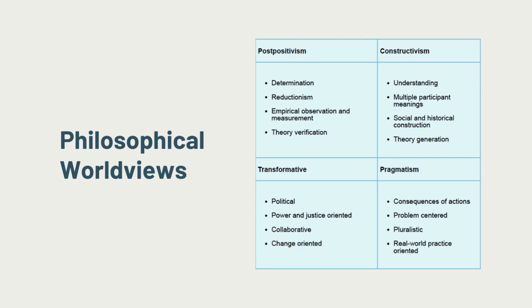One of the key goals in post-positivist research is theory verification. Researchers test and refine theories based on the data they collect. While post-positivists strive to uncover generalizable truths, they also acknowledge that absolute certainty is unattainable. Instead, they focus on refining theories through systematic testing.